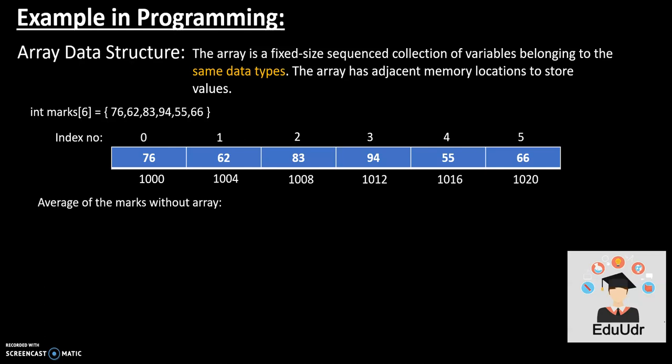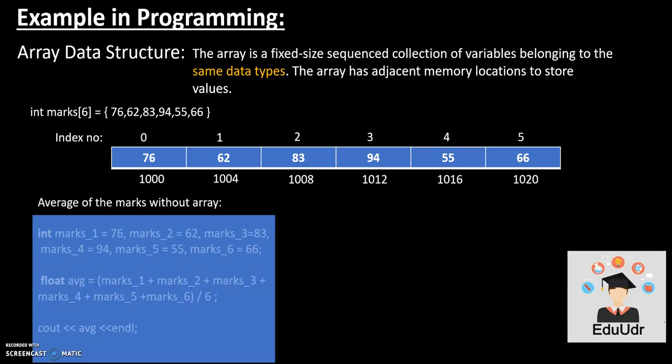Let us see code to find the average of 6 student marks without using an array. See, we have created a variable for each student, added all of them and stored the sum in a variable.